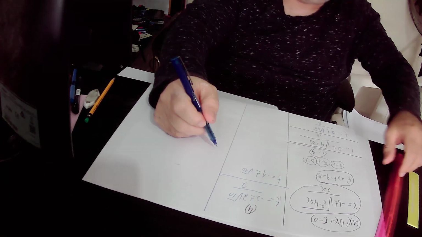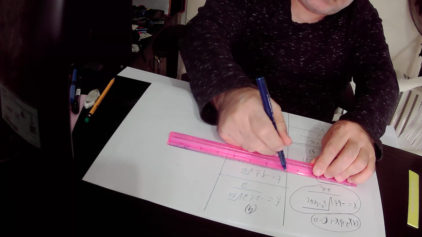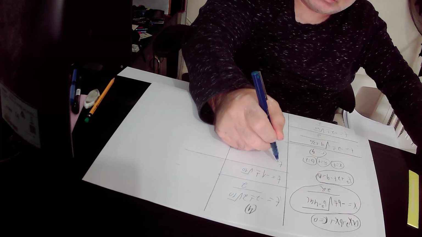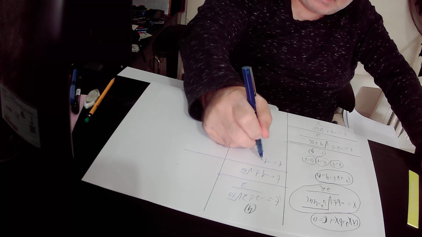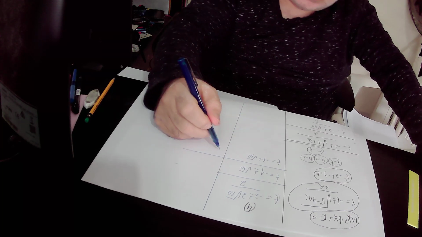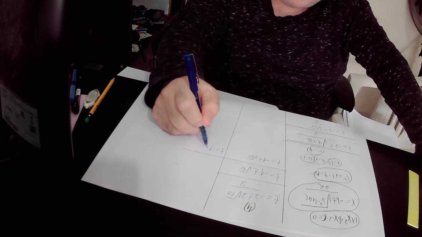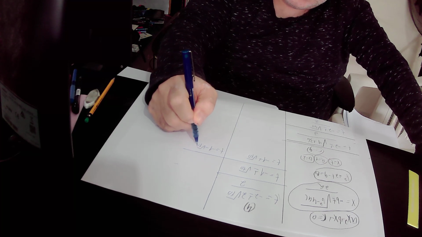And here we will have two solutions that are possible for T. The first solution for T is T equals to minus 1 plus square root of 10. And the second solution that we will get here is T equals to minus 1 minus square root of 10.